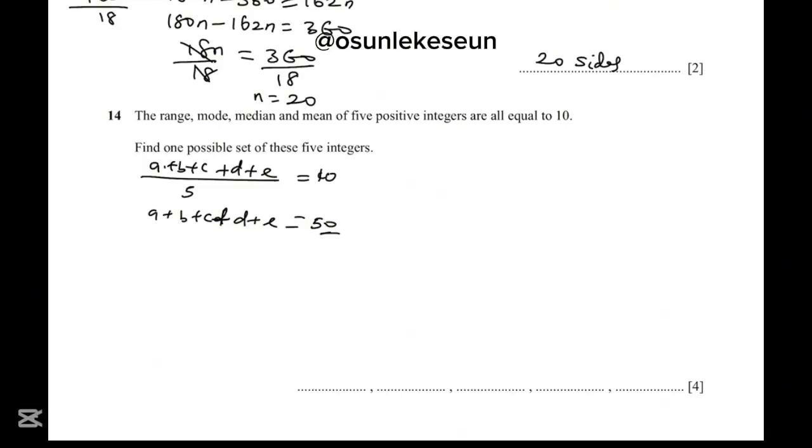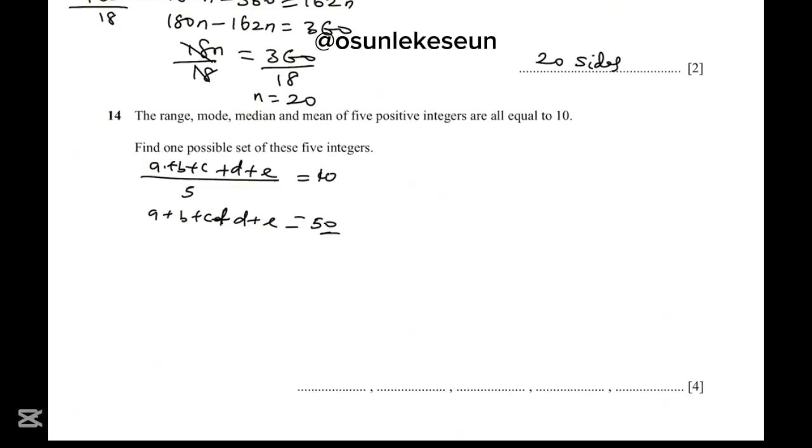That means the number occurred at least twice. So one of them, let's say a equals 10 or b equals 10. So at least 2 of them are 10.